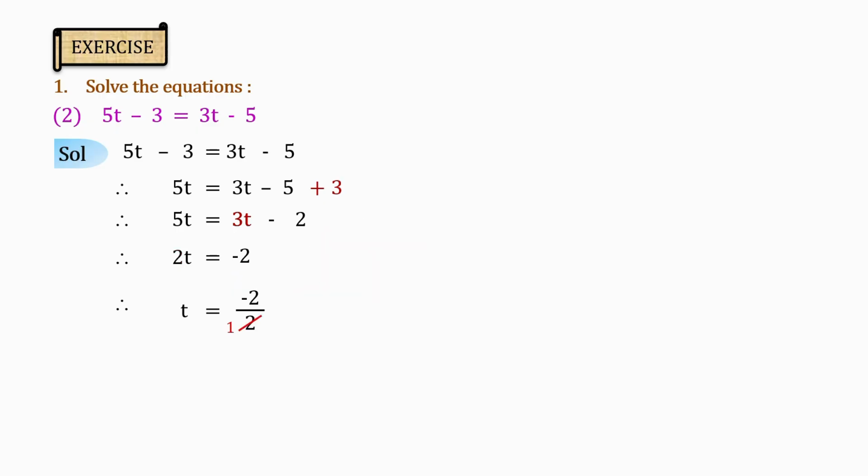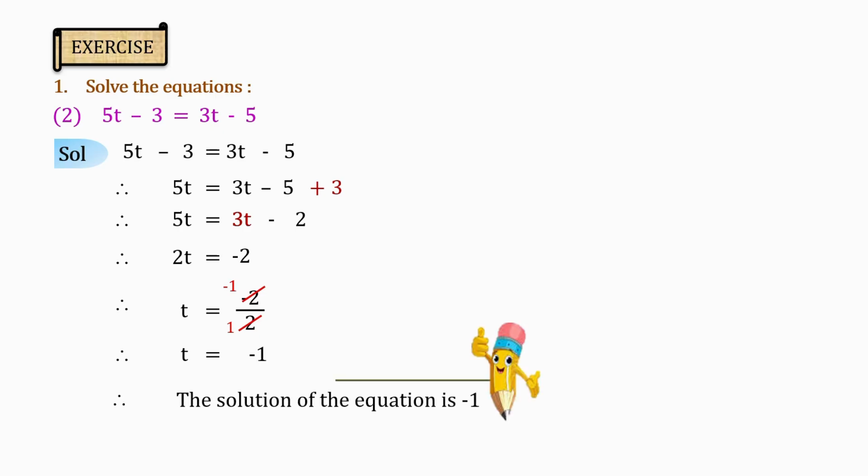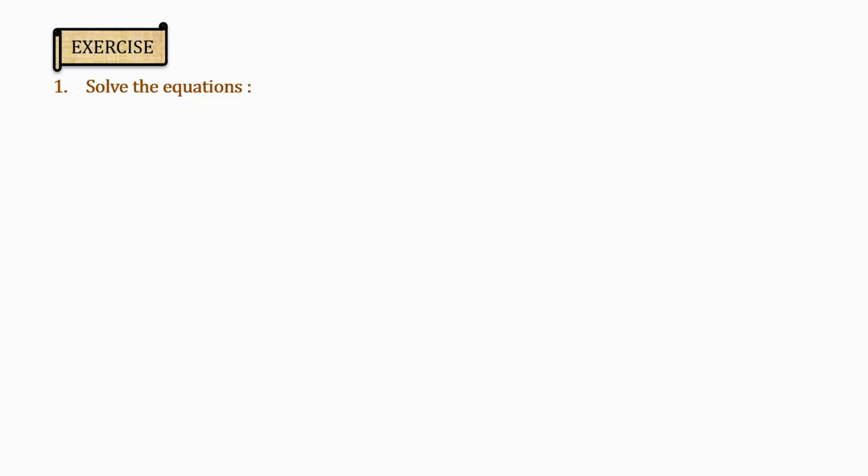So which becomes t equal to -1. So the solution of the equation is -1 over here. Now let us take a look at another problem, that is 5x plus 9 equal to 5 plus 3x.